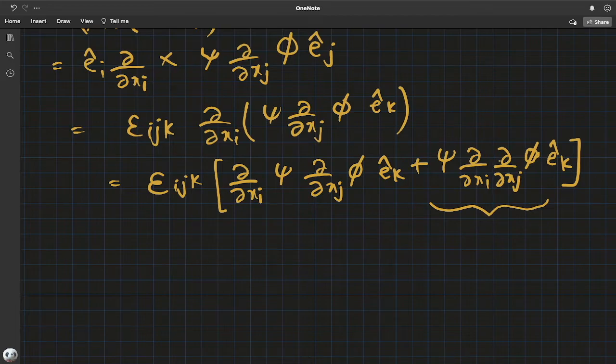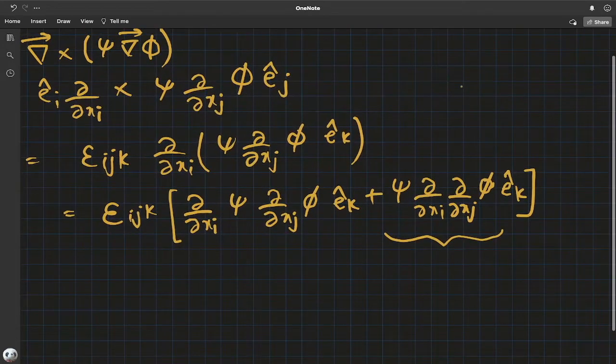So all the non-mixed terms, all the pure terms, like the terms such as partial squared over partial x squared, partial squared over partial y squared, partial squared over partial z squared, all these terms are going to become 0. What about the cross terms?